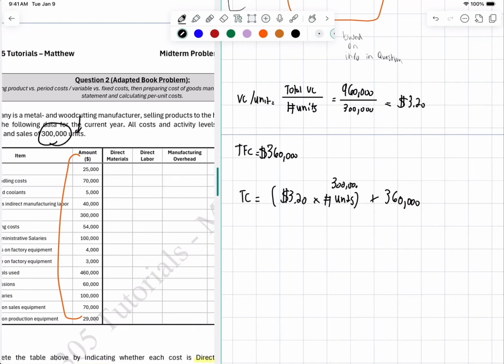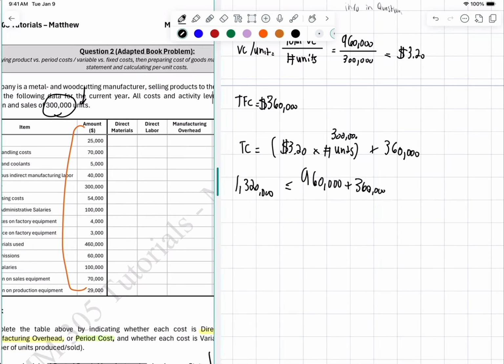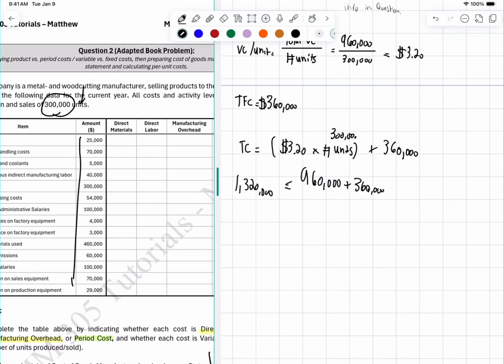If we do 3.2 times 300,000, you will see here that we're getting a variable cost of 960 and then a fixed cost of 360, which will give us a total cost for the business of 1,320,000, which will also match if you were to add all this up. You get 1,320,000. That's not a coincidence.